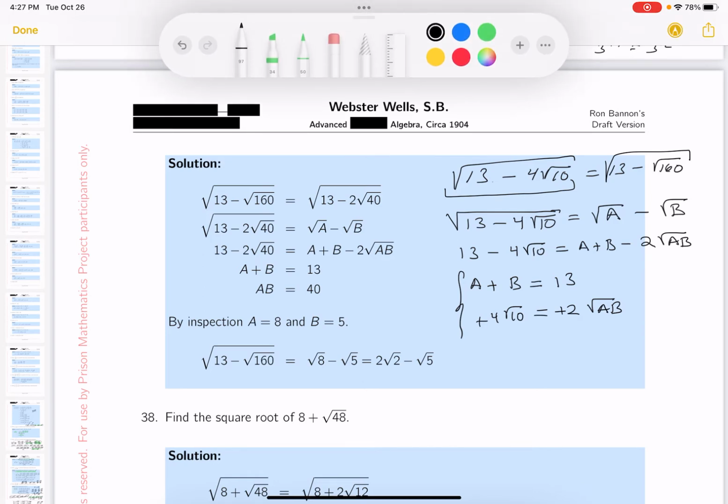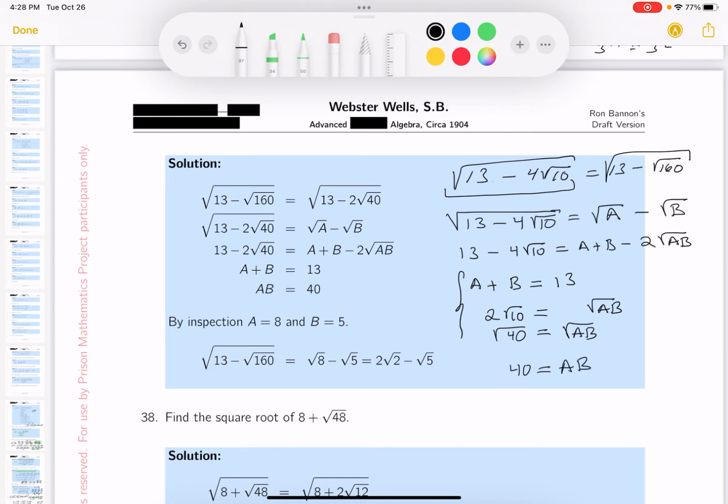Now, this really looks like root 40 equals root AB. So I'm going to say 40 is what AB should be.